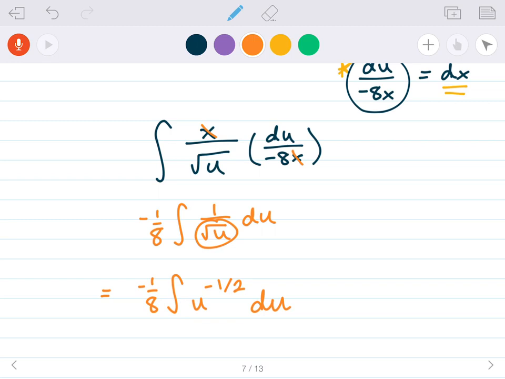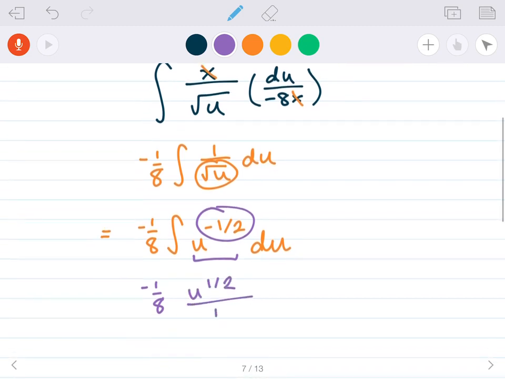And so what is this going to be? Well, that stays there. Then I have to add 1 to this exponent, giving me 1/2. Divide by 1/2. And maybe I'll just do this all out so you guys can see it. Plus c, of course.